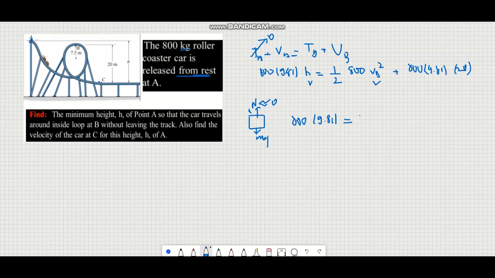So it's gonna be 800 multiplied by VB square over the radius of curvature, which is 7.5. And therefore we have this equation, and then we can find VB as 8.57 meter per second.